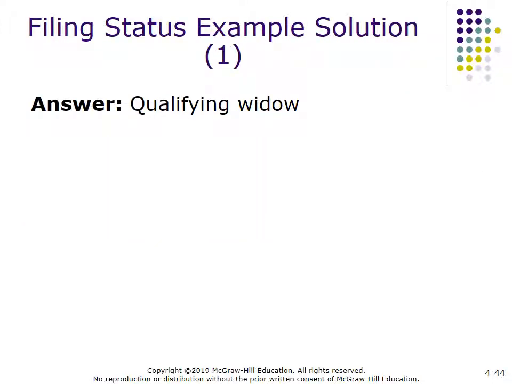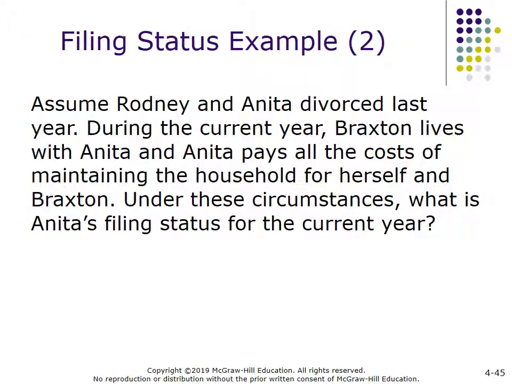But after the year of death, we've got to look and see what status she qualifies for. And she qualifies for qualifying widow or widower because she did not get remarried. The reason she's single is the death of her spouse. She's a qualifying widow. She maintains a home for a qualifying child, at least one.